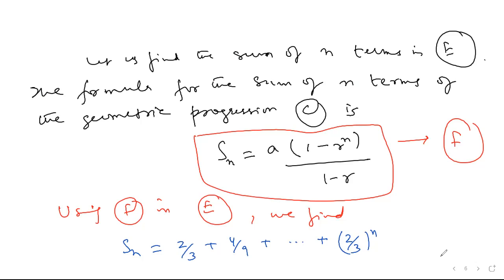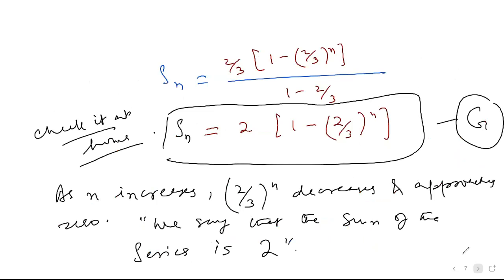Then we took the example of the sum of n terms, and we wrote the formula for geometric progression, and we used that, and we found this sum as 2 times 1 minus 2 by 3 raised power n.